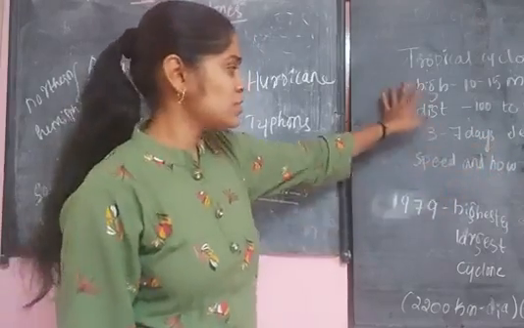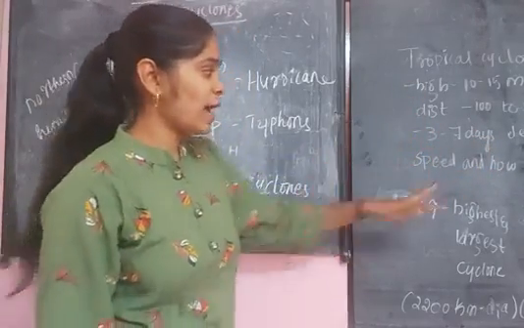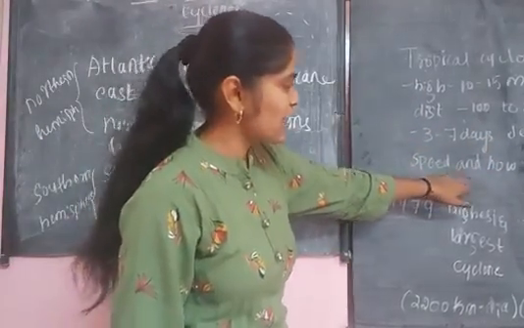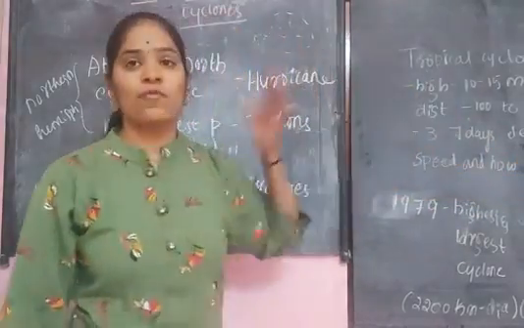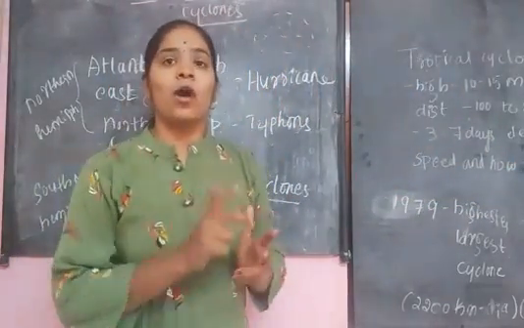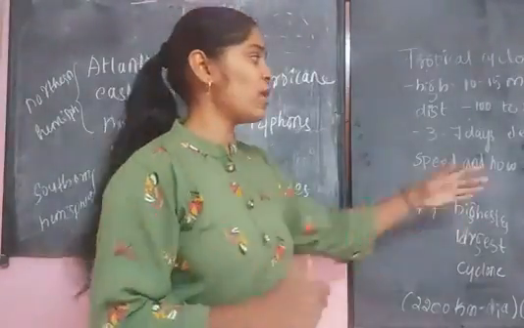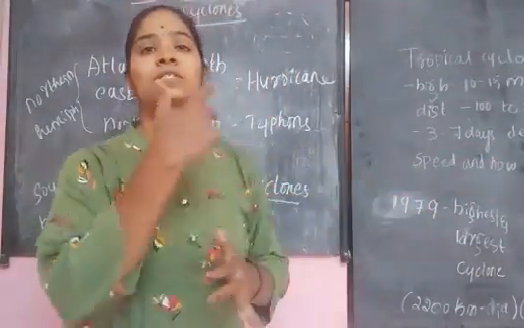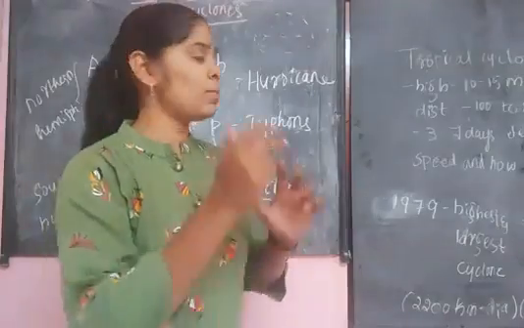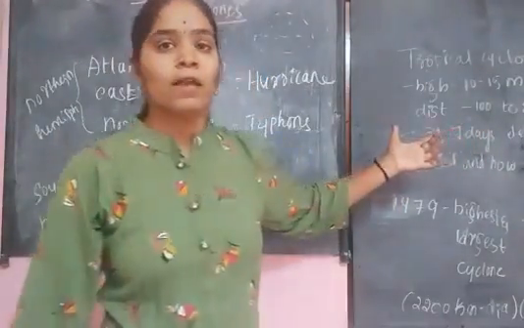This is about a tropical cyclone. These depend upon how much wind speed is present and how far it moves, meaning how much distance it covers. Depending on that, the days will be calculated.